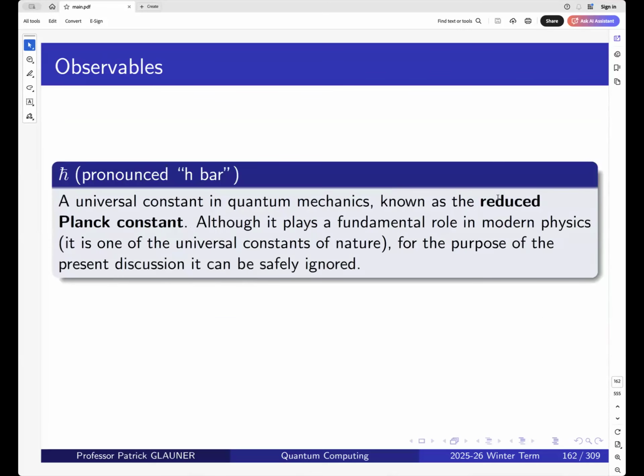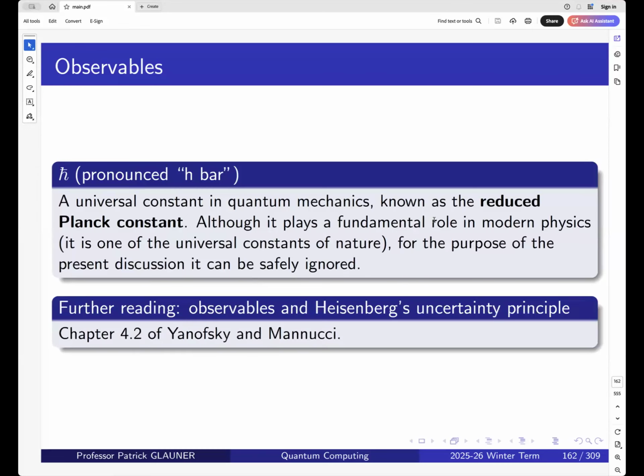What is also important in that context is the reduced Planck constant. But this is something that would probably be more interesting to physicists. The reduced Planck constant is called h bar, written in this way.